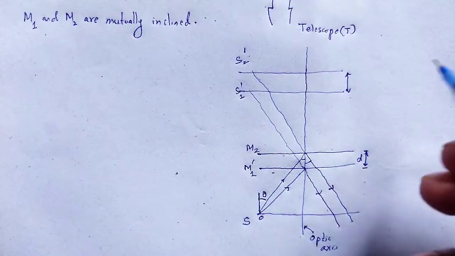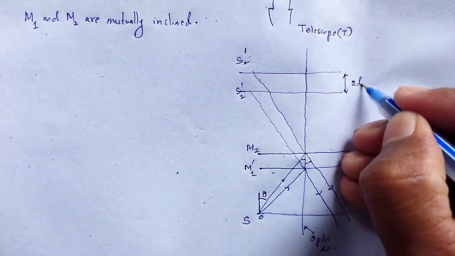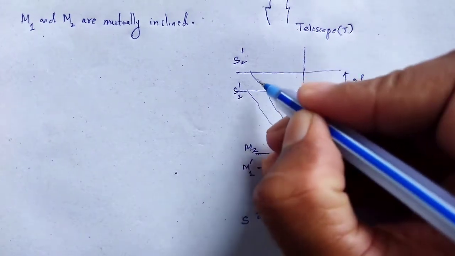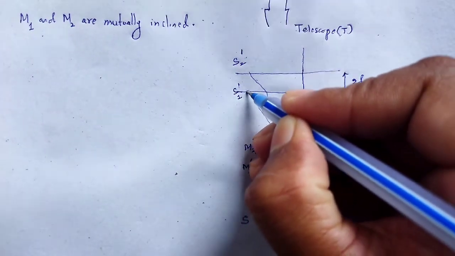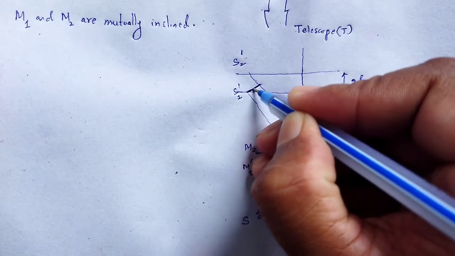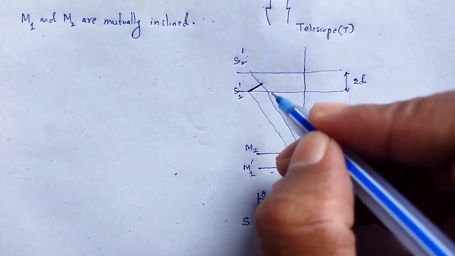If that distance is d, then that distance will be 2d. This portion is the path difference.